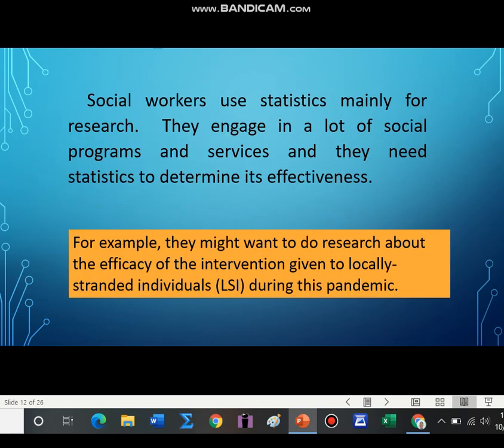Social workers use statistics mainly for research. They engage in a lot of social programs and services and they need statistics to determine their effectiveness. For example, they might want to do research about the efficacy of the intervention given to locally stranded individuals, or LSIs, during this pandemic.